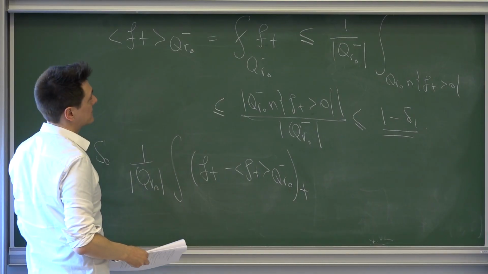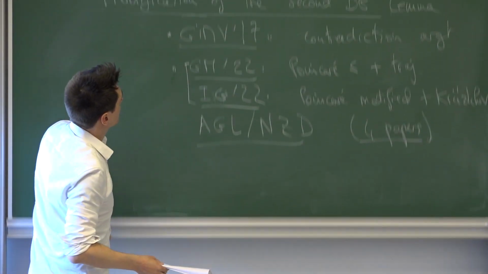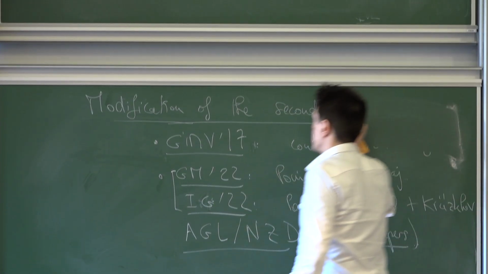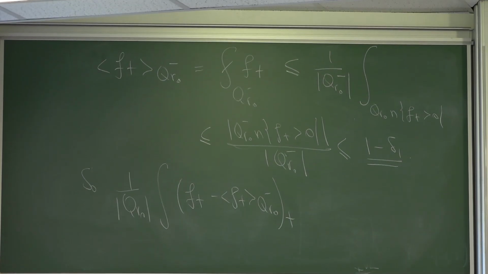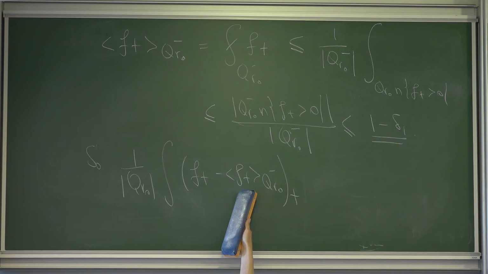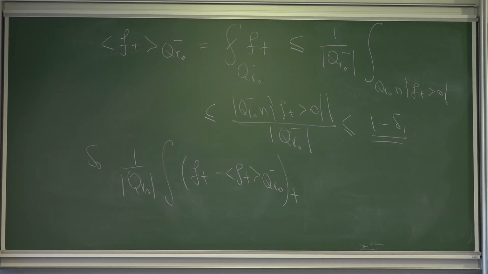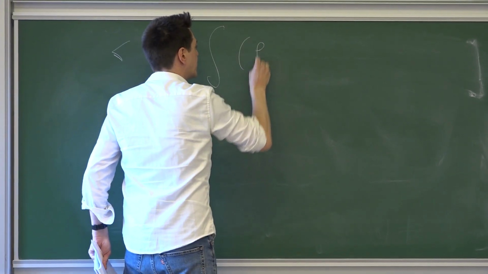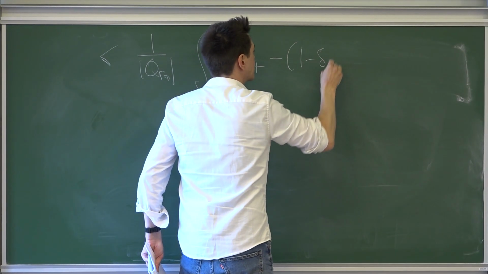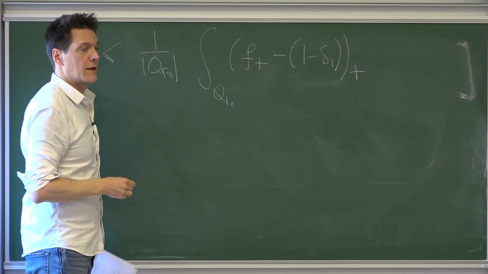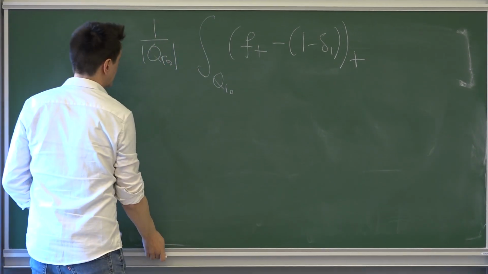And now what can I say about that? Well, if you look at the positive part of f minus a cutoff line, it's always less than the same thing if you lower the line. So I can take an upper bound on that, and I only increase the integral because it comes with a minus. So this is less than the integral of f plus minus 1 minus delta 1.